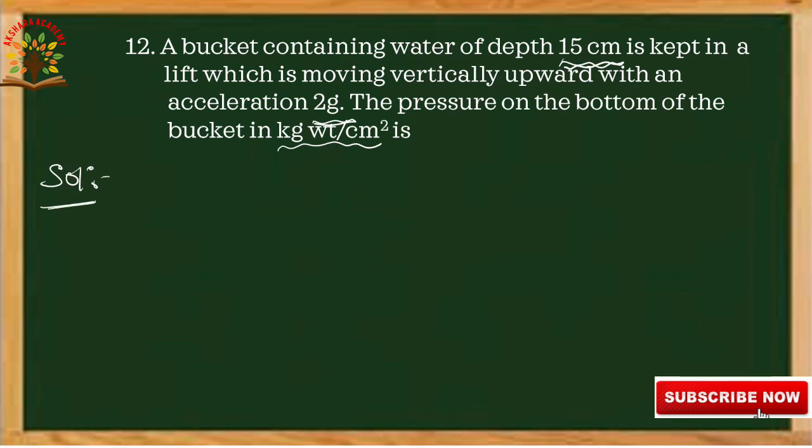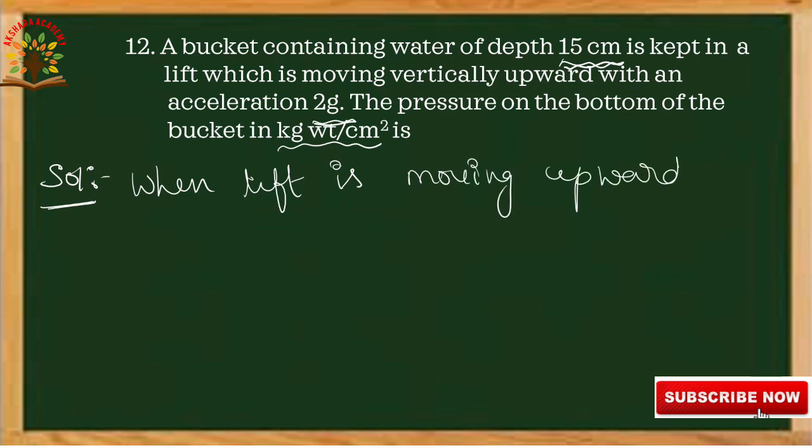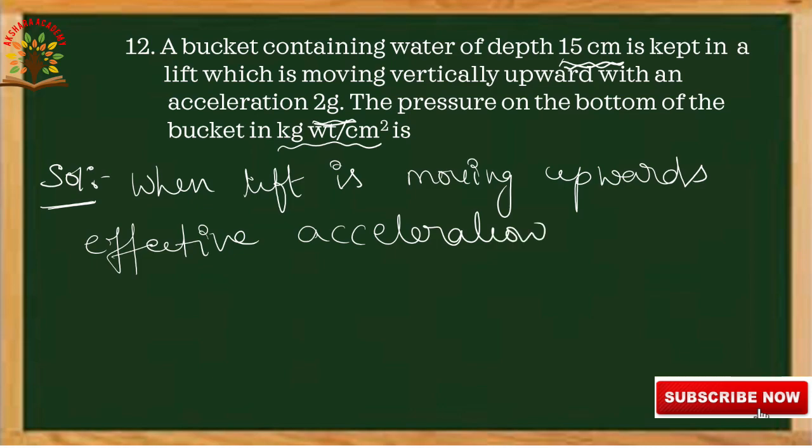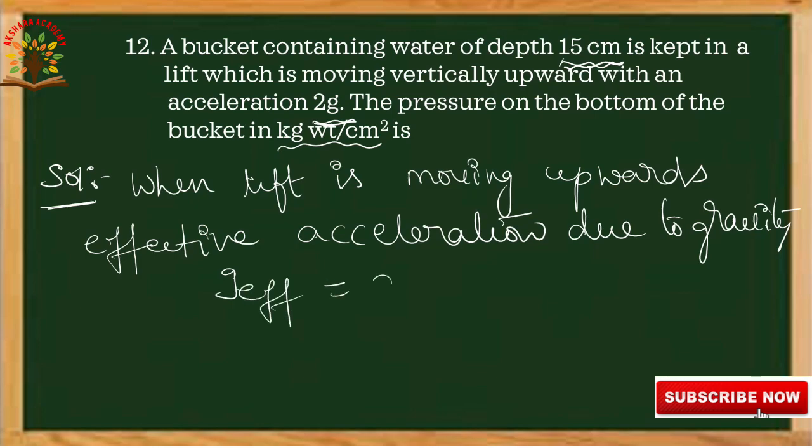First we will write: when the lift is moving upwards, the effective acceleration due to gravity, g effective, is equal to g plus a.